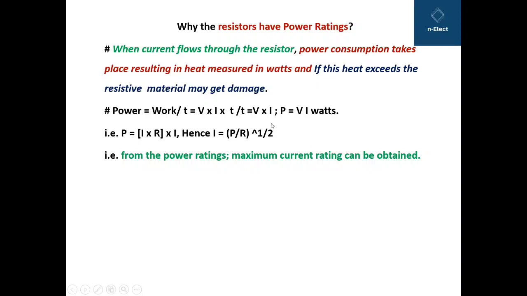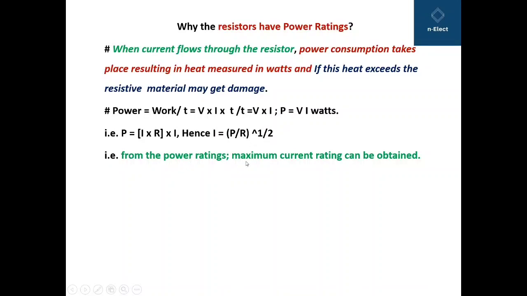Now for V, I can write according to Ohm's law, V is equal to IR. So I can replace V by I into R, and this I as it is. So I will get I squared R on the right side. And since I am getting I squared R, if I want to find out the value of I, I will get under root of P upon R, or P upon R raised to power half.